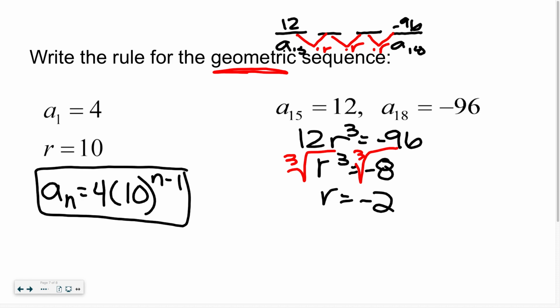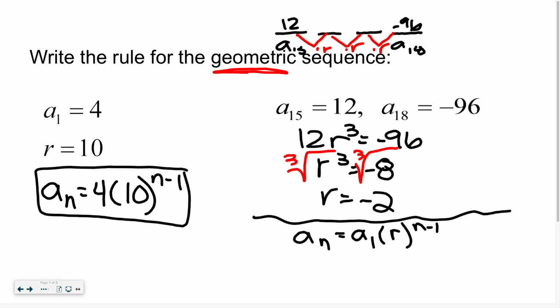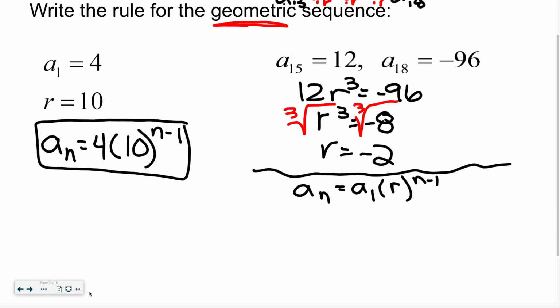Here's another way that you can go about solving for something that's missing. I mentioned this over here on the sideboard. Here's my rule. This is for people who just want to plug in and get an answer. I can choose either one of these terms. I'm just going to choose this one, a sub 15 equals 12.